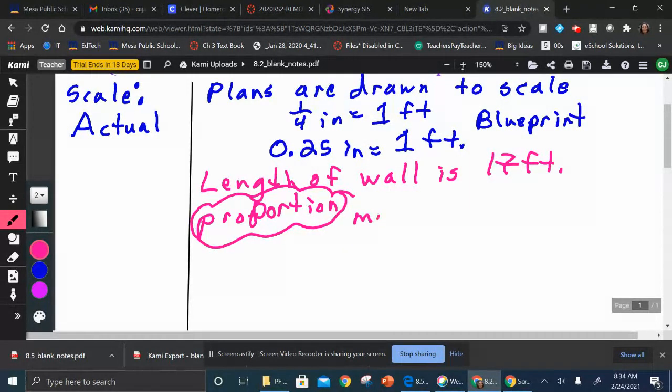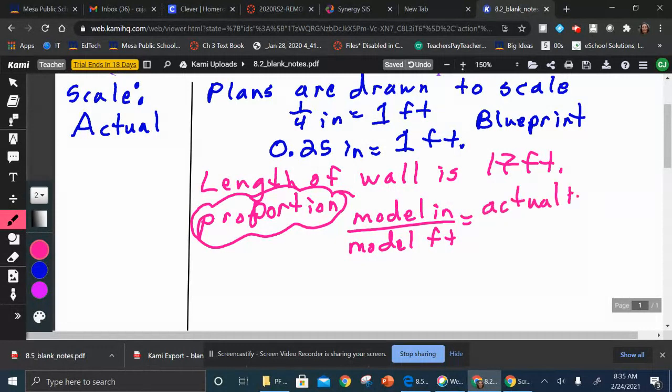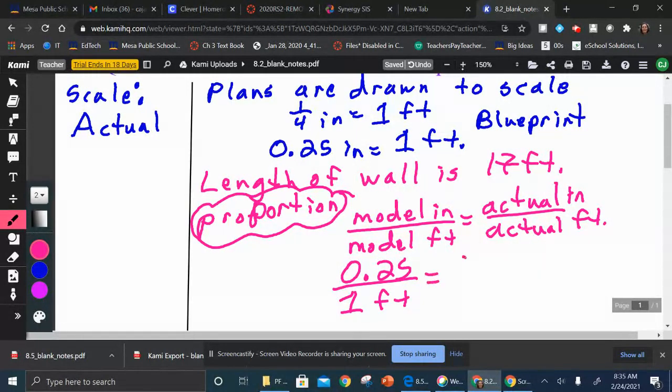It's going to be the model in inches over the model in feet is equal to the actual inches over the actual feet. So we're going to have 1/4 over 1 foot is equal to x over 17.